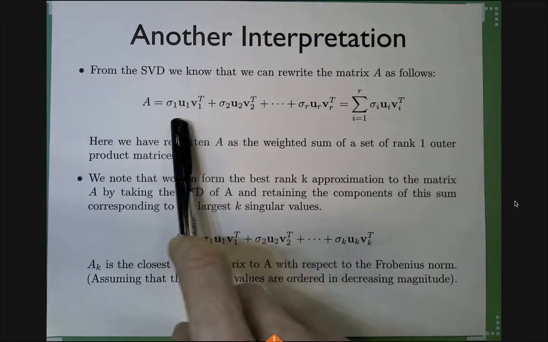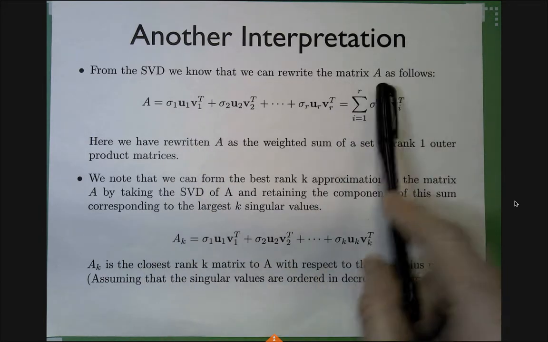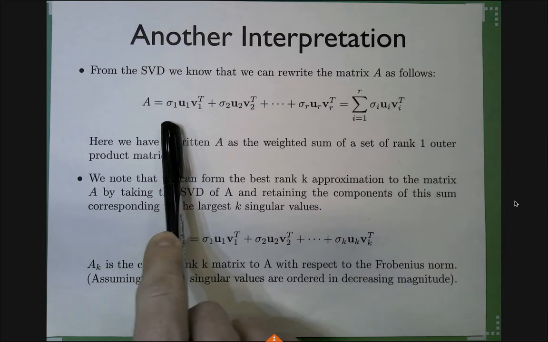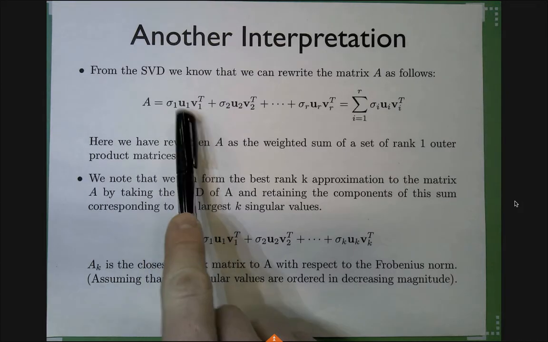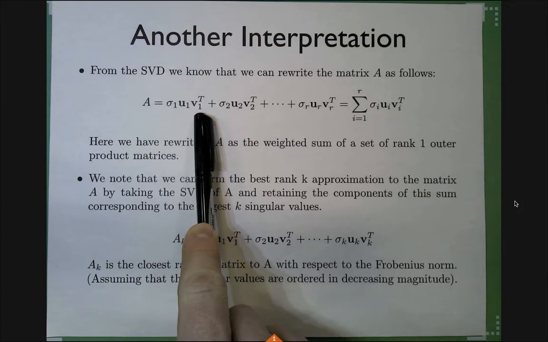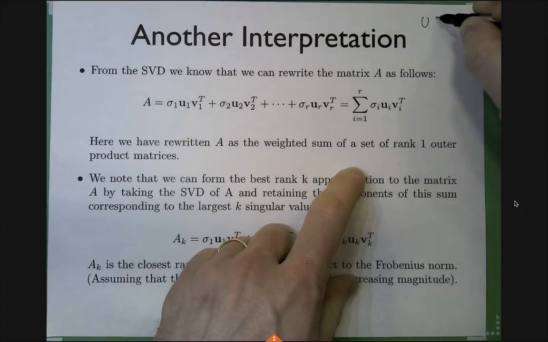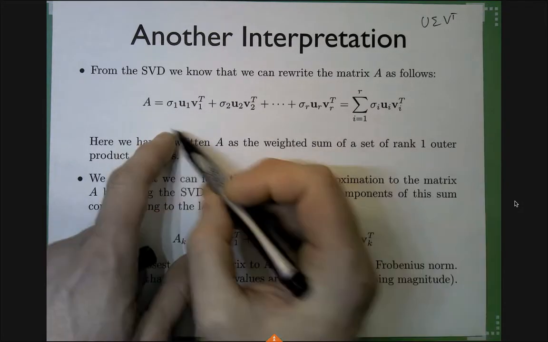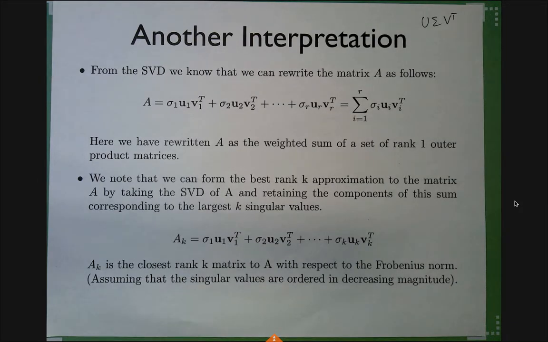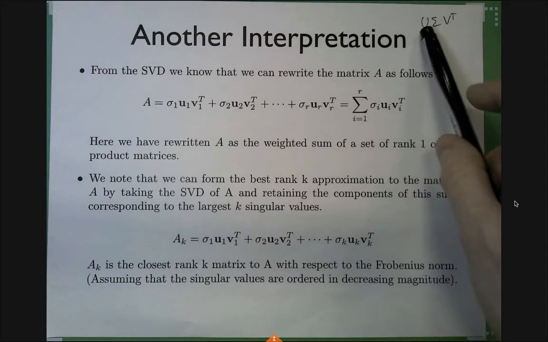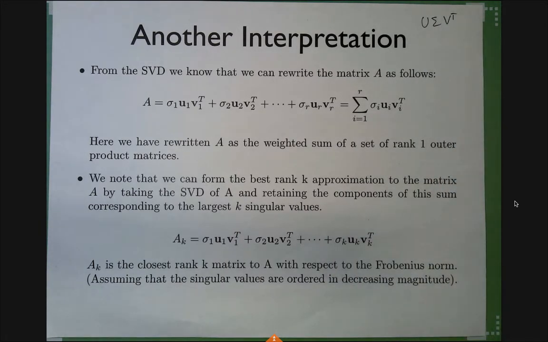So again, I take a matrix A, I compute its SVD, so sigma are the singular values, U's are the left singular vectors, V's are the right singular vectors, and the product U sigma V^T I can rewrite using this sum. We discussed why last time, right? It's not very difficult, just rearrange the terms in this matrix product.